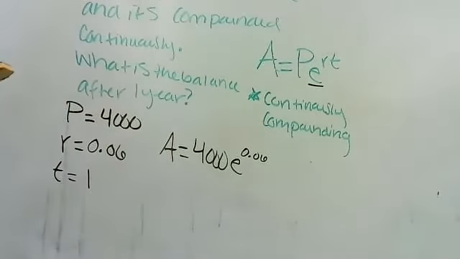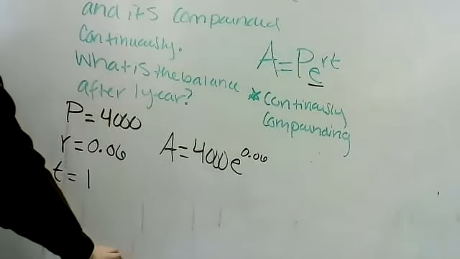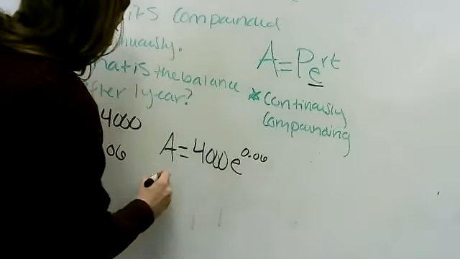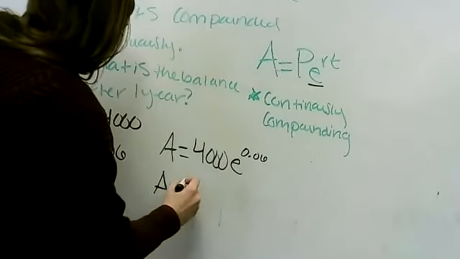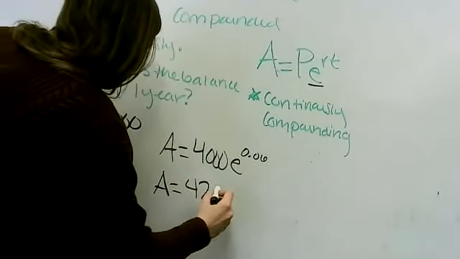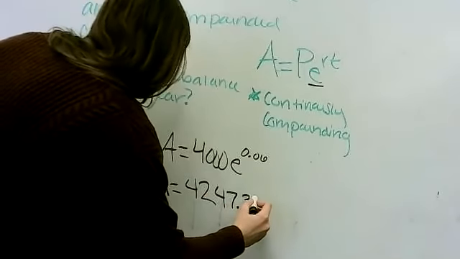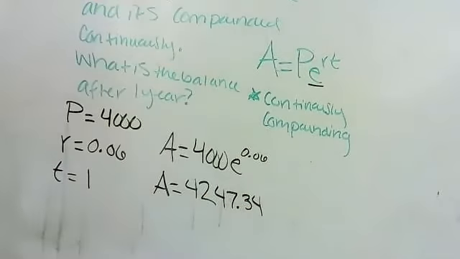Then you take it to the power of 0.06, and you should be getting a number just a little bit above 4,000 here. So again, 4,000, find that E button, and then use your exponent. There is $4,247.34 in the account after 1 year.